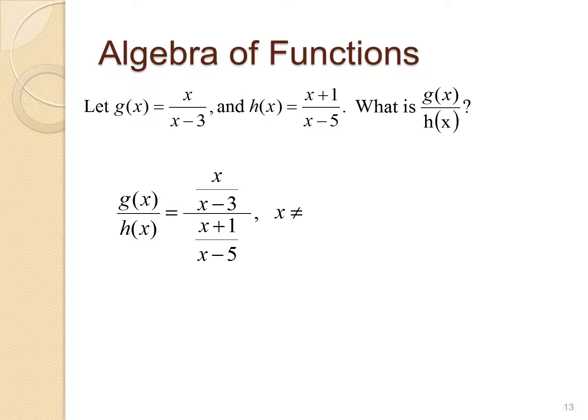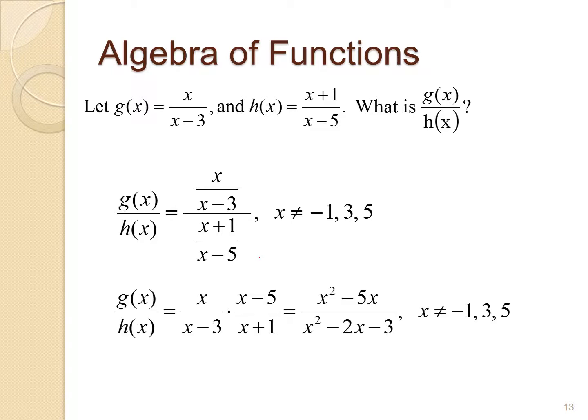So when we're doing this, x cannot equal 3 values. Again, x cannot equal negative 1 because of the numerator of h of x. It can't equal 3 because of the denominator of g of x, and it can't equal 5 because of the denominator of h of x.